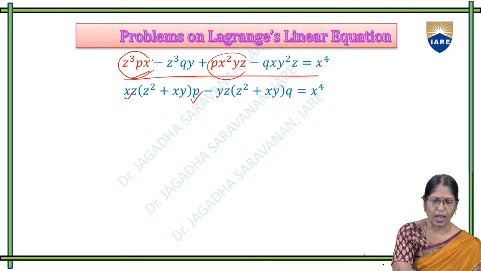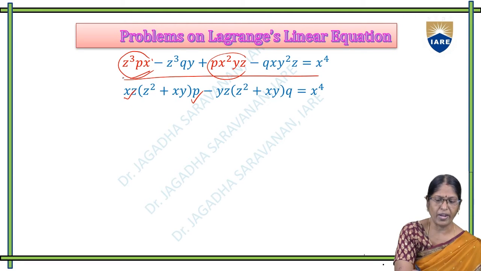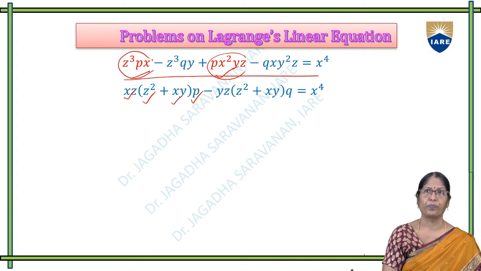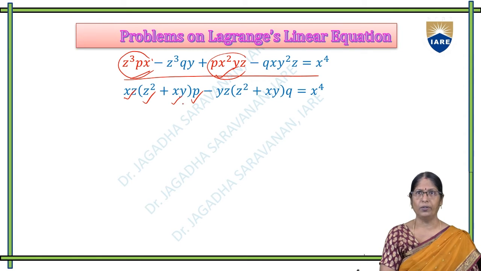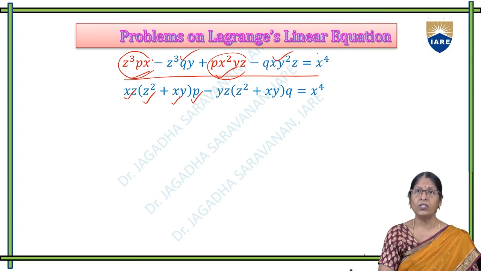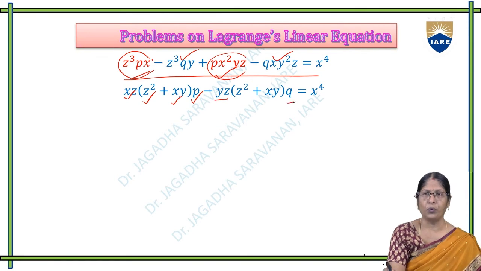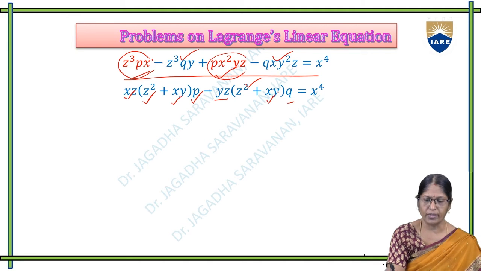After taking pxz common, the remaining one is z² in one term and xy in the other. In the other two terms, yzq is common, so we take yzq out, and the balance is z² and xy.